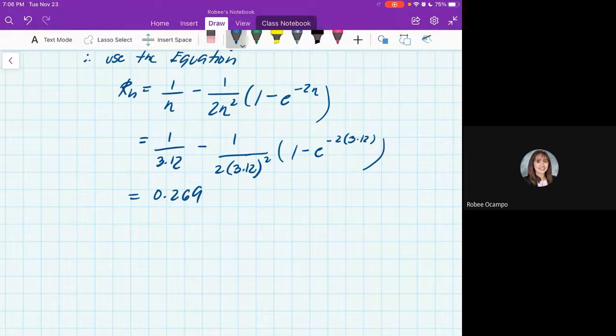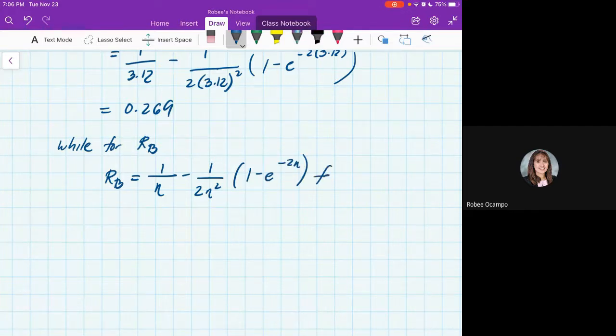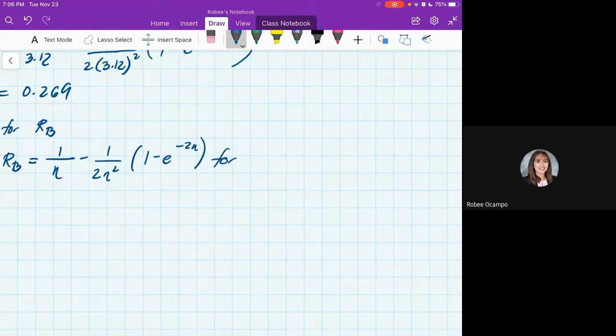Now, while for R sub B, RB is equal to 1 over nu minus 1 over 2 nu squared times 1 minus e raised to negative 2 times nu, for nu greater than 0.